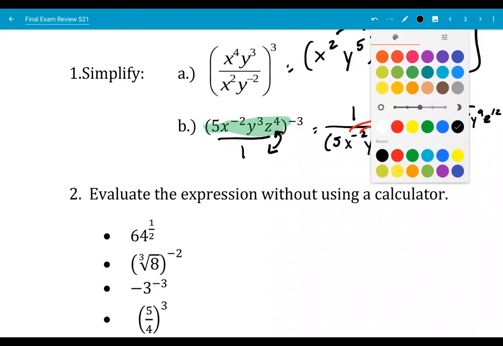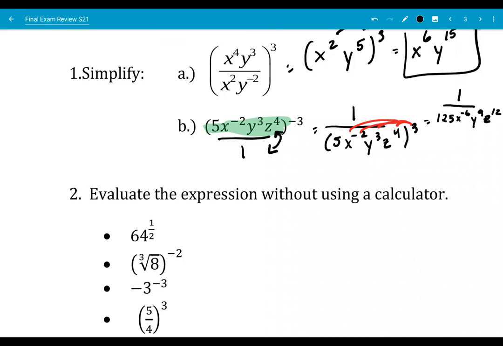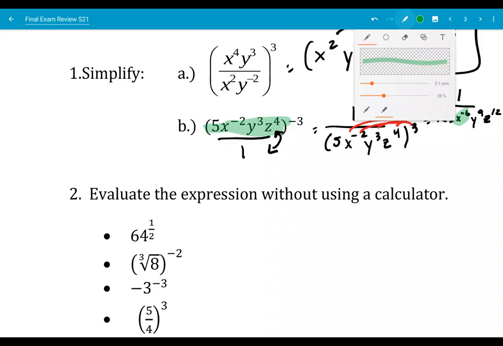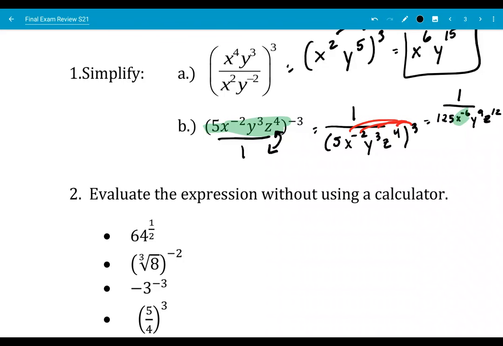So the only thing that I have to change here is the negative exponent on that x to make that positive. So that means that that one term goes back up top. So this term is going to go up here. So this becomes now x to the 6th over 125, y to the 9th, z to the 12th.